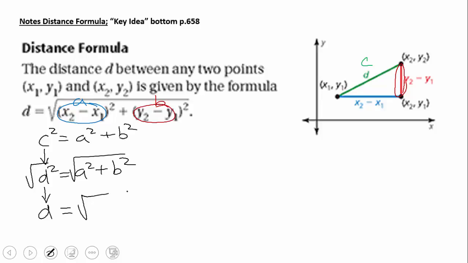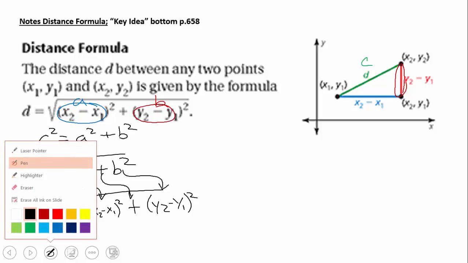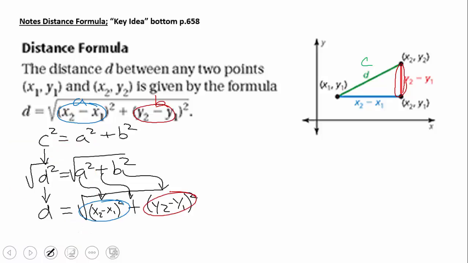They left this square root symbol on this one, and then they said a was x2 minus x1, and they're squaring that because we're squaring a. And then we're adding. And then they said b was y2 minus y1. The distance between any 2 points anywhere, you subtract to find it, right? So that's all they've done. This is a, and this is b, and this is Pythagorean Theorem.